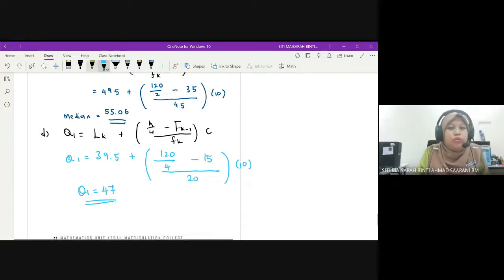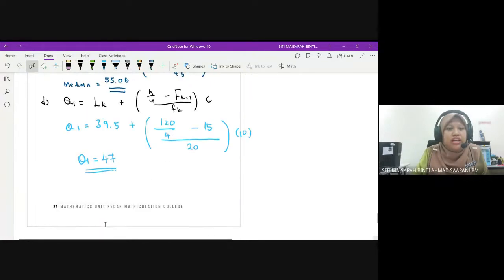And then for question E, we are going to find Q3. This is also similar to Q1, but we change n/4 to 3n/4.